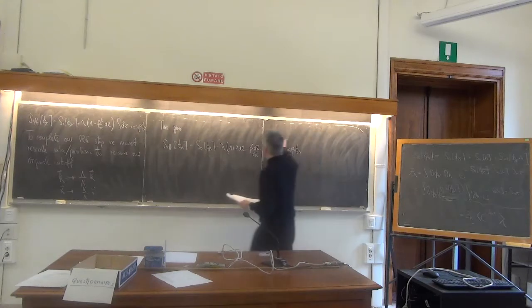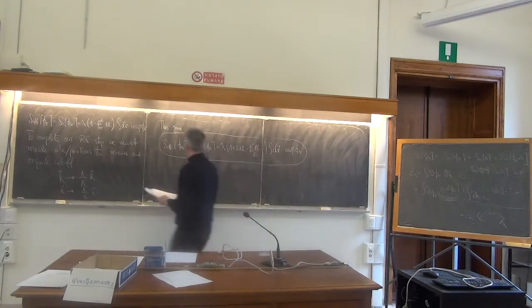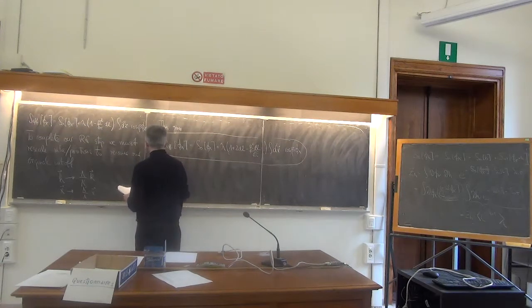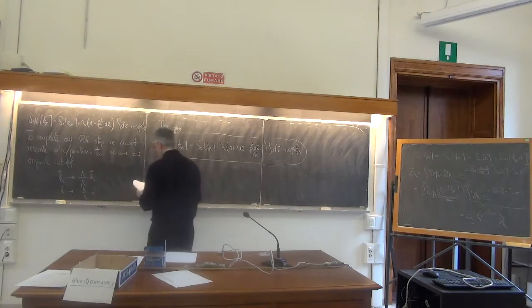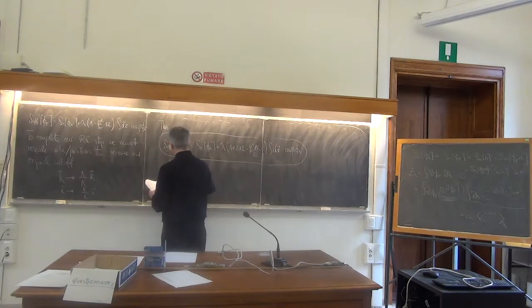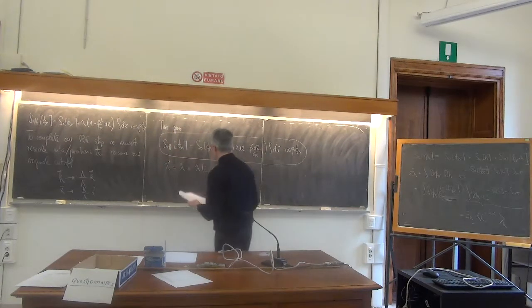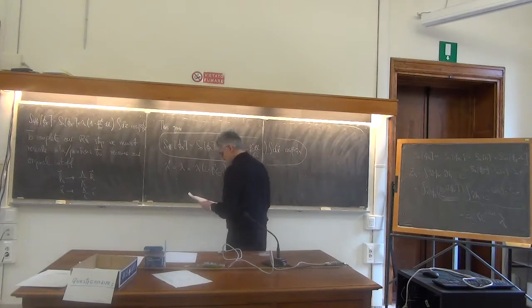Now importantly, that's essentially the same theory as we started with, but we have to change the coupling constant, we have to renormalize it. So the new one is the old one plus the old one times 2 minus beta squared over 4 pi times dl.